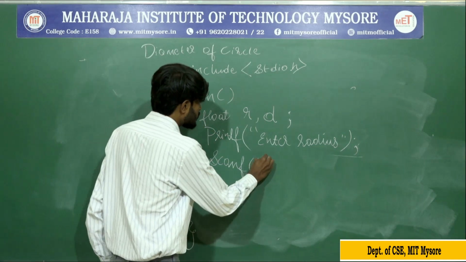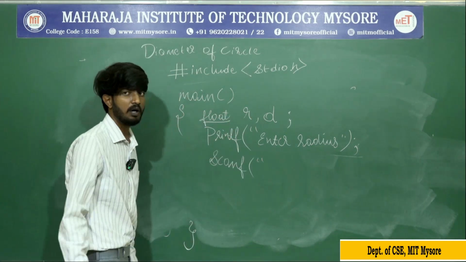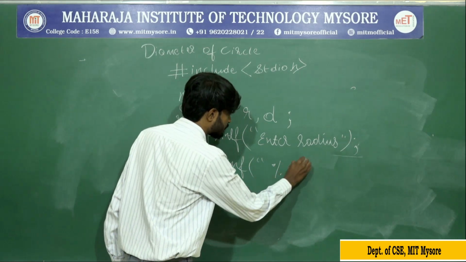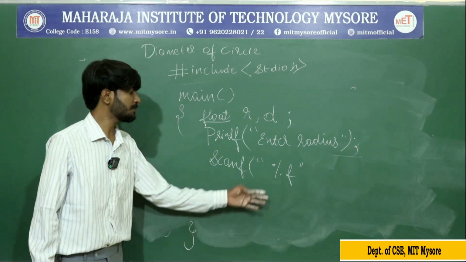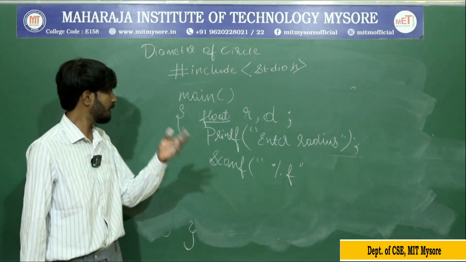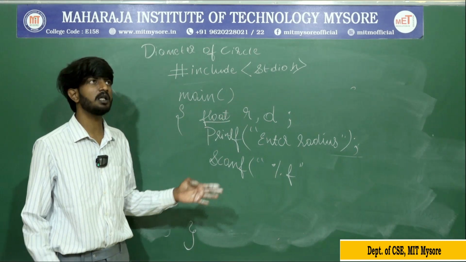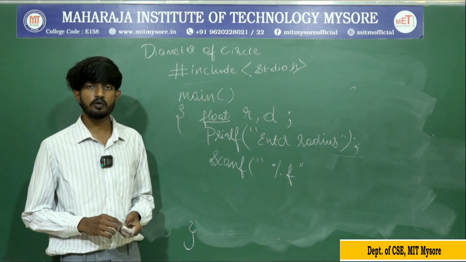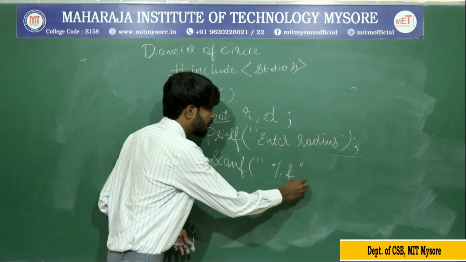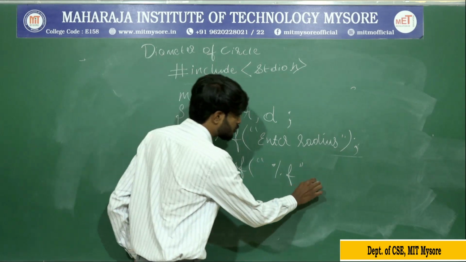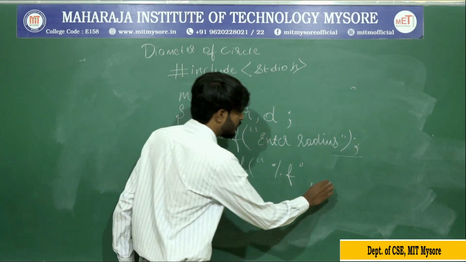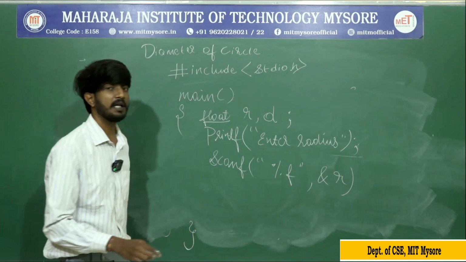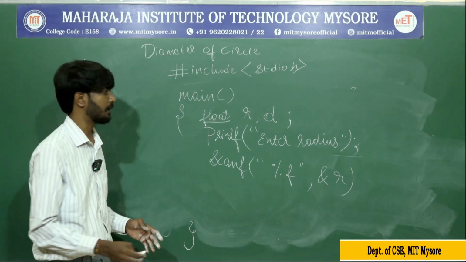Since I am using the float value, I need to use %f. This %f means the value entered by the user will be in the form of float, and I will store that value into the address of r.